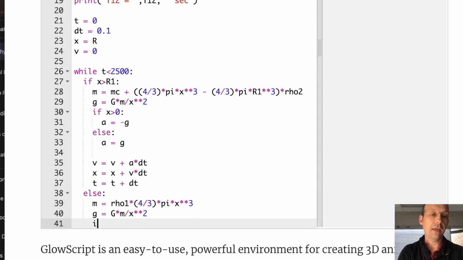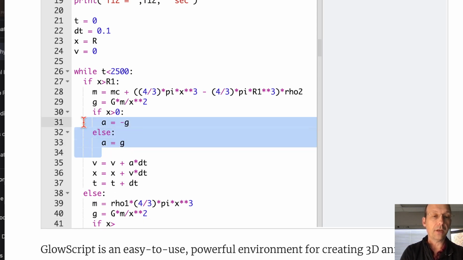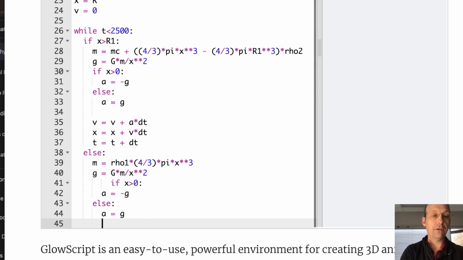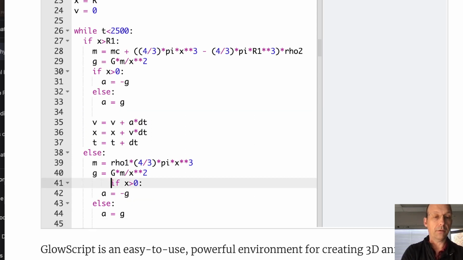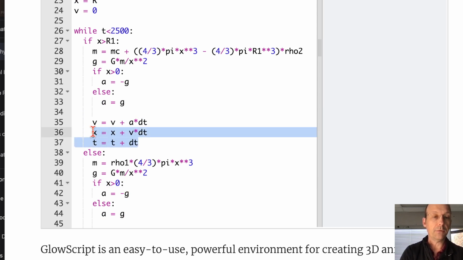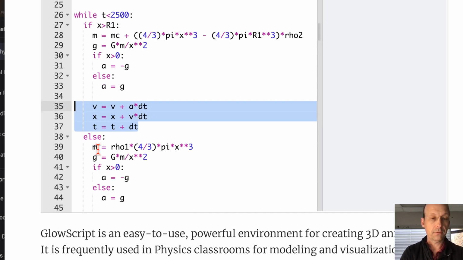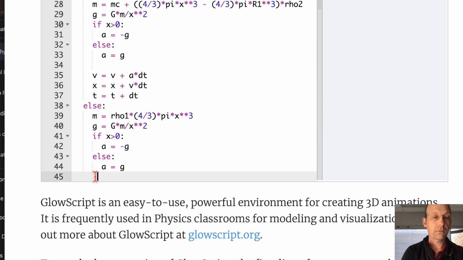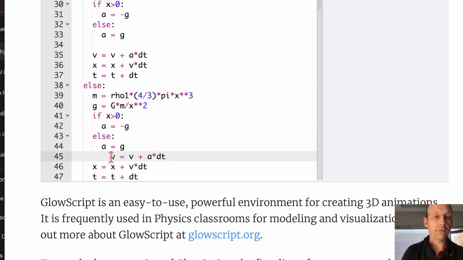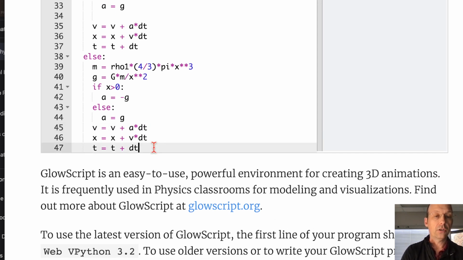And again, I'll have to say if x greater than 0, actually this stuff is the same. I'm just going to copy that. I really don't know if this is going to work. Oh, that's not going to work. There. Okay. And then this is the same too. And that goes over here. Okay. So that should do it.